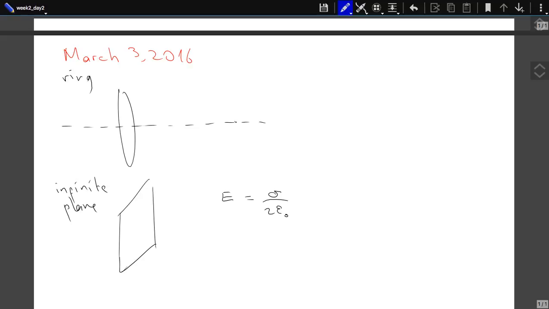Now, why there won't be this one? The reason is, just imagine you are very, very far away. When you look at this charge distribution, you will not be able to see this distance.